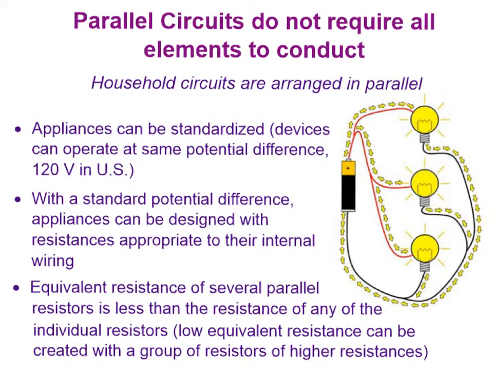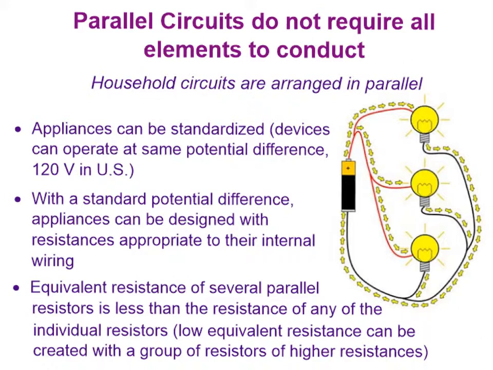So household circuits are arranged in parallel. Obviously, it's really nice to know that if one part of that circuit malfunctions, or if it's broken in some way so that it's an open circuit, all of the rest of the pieces of circuitry in your house are not going to stop working.